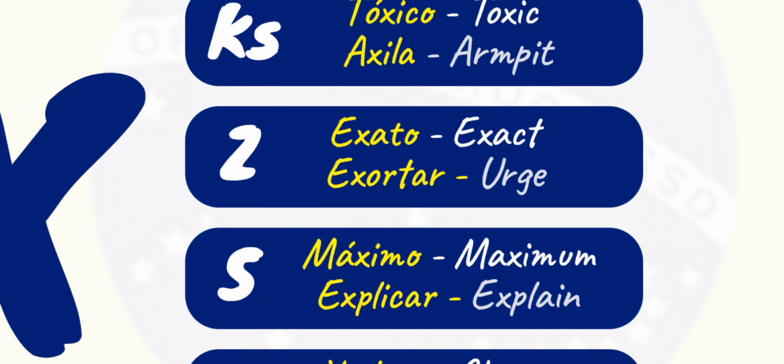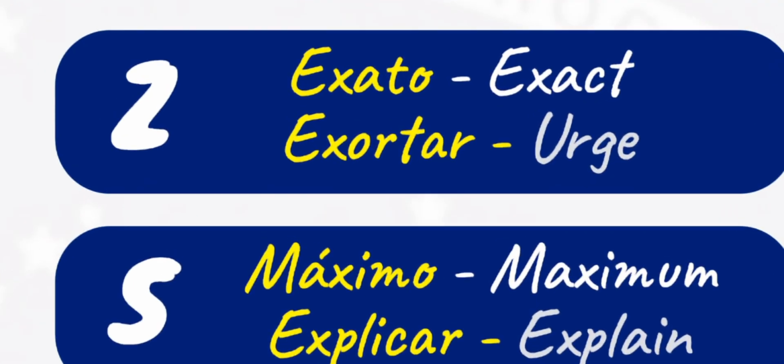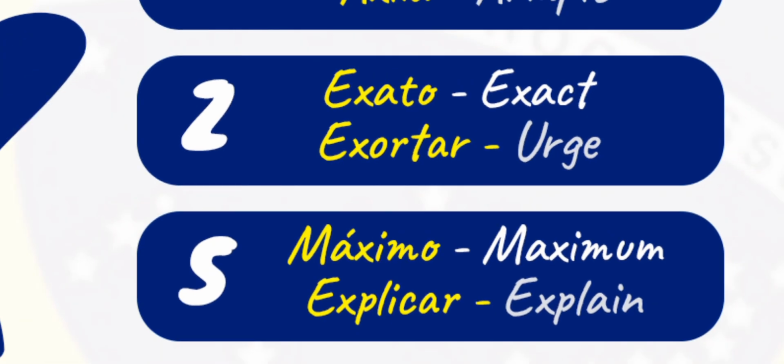So it's not X like English. No, exato has sound of Z. And exhortar, that's urge, to admonish. Look at the R here, it gives sounds to or and ah. To urge, exhortar. You just find this X with sound of Z almost all the time when it comes after E.